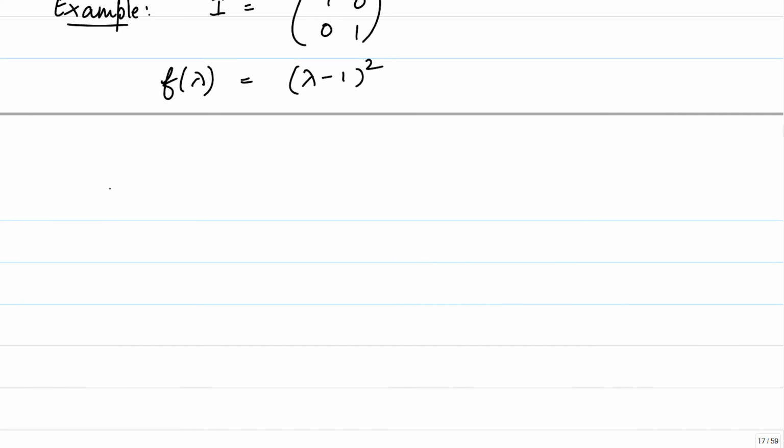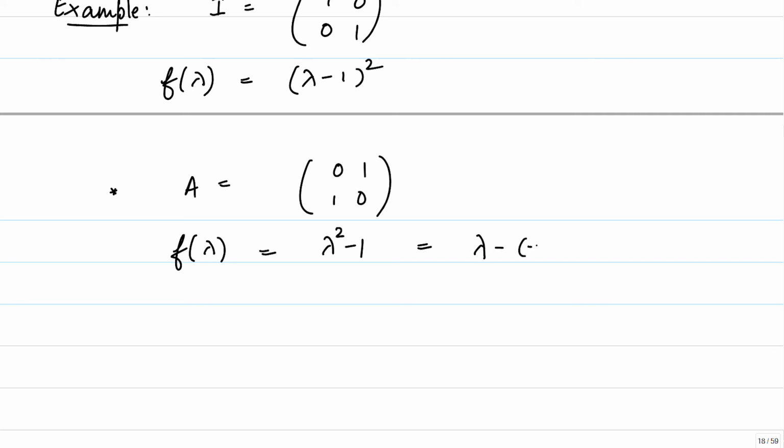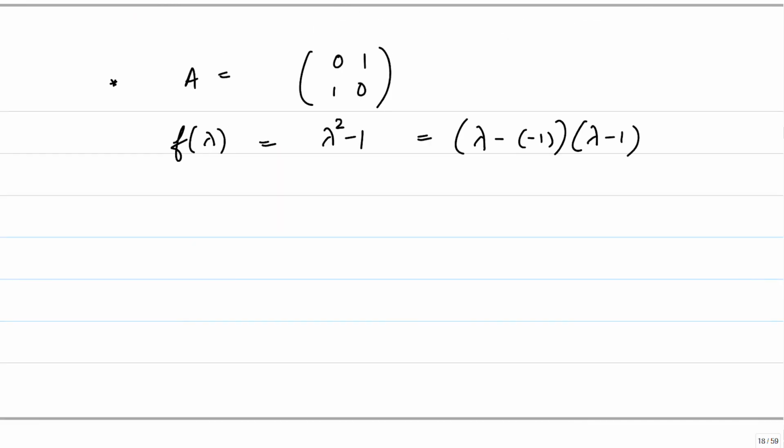How about when A is 0 1 1 0? Then f of lambda will be lambda square minus 1, which is lambda plus 1 times lambda minus 1. Yet again it splits. Let me not give you the impression that it always splits.